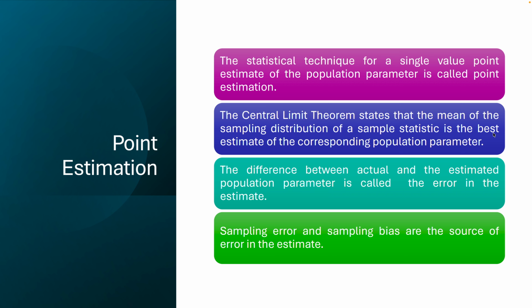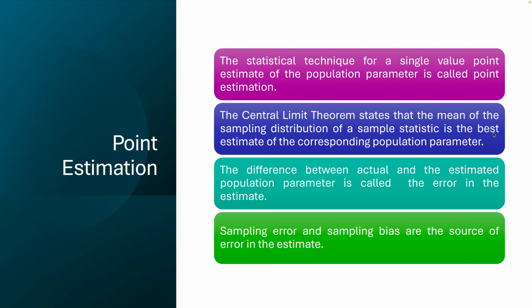That's the reason we equate the sample mean to be the best estimator of the population parameter. In case of proportion, the sample proportion is the best estimator of the population proportion.